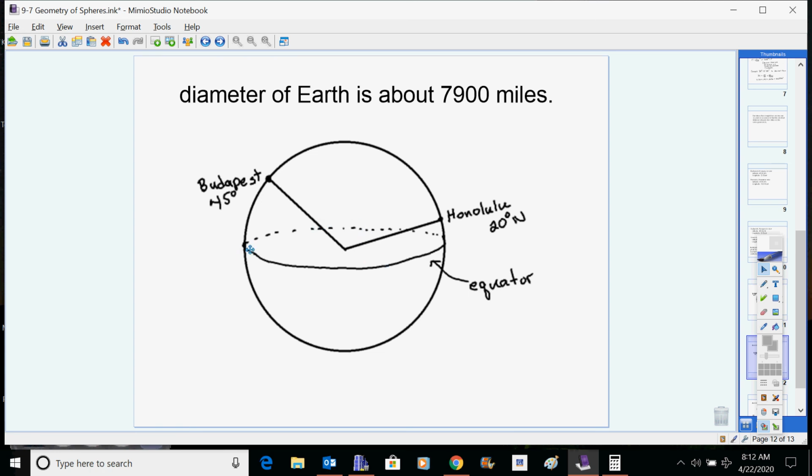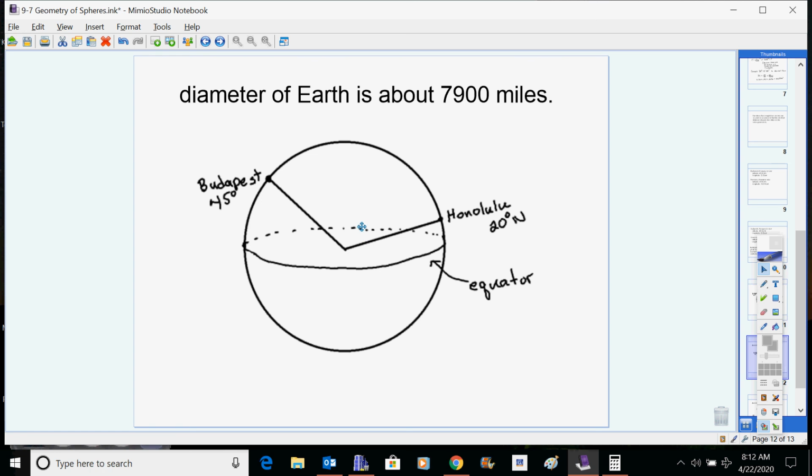So we want to think about what we know as far as circles go with that. There'll be 20 degrees here, and there'll be 45 degrees here. Straight up from here makes 90 degrees, right?